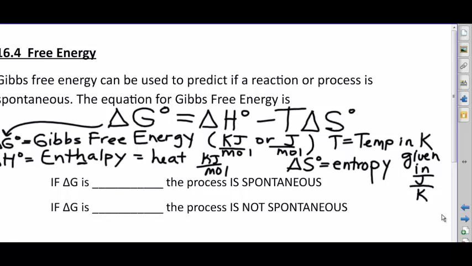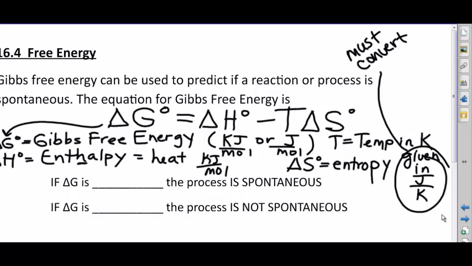And it makes sense to convert your delta S. So I'm just going to tell you, you must convert your delta S to kilojoules per Kelvin. Okay? You must do that before you can plug anything into your equation, because you cannot subtract something in kilojoules minus something in joules. They have to be in the same unit.